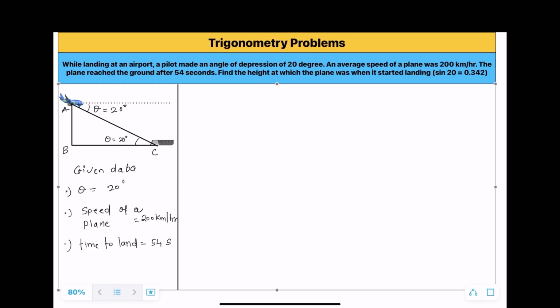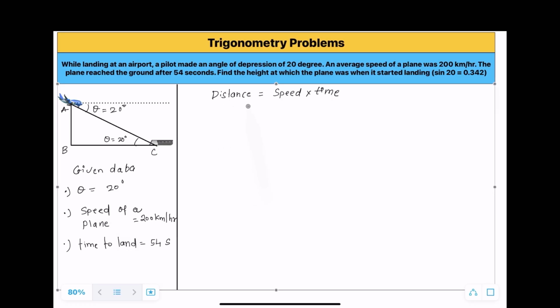This is a particular problem where we don't have any side measurements given. What data we have been given? Theta is equal to 20, speed of the airplane, which is 200 km per hour, and time to land, which is 54 seconds. Let's see how we can calculate the distance using speed and time.